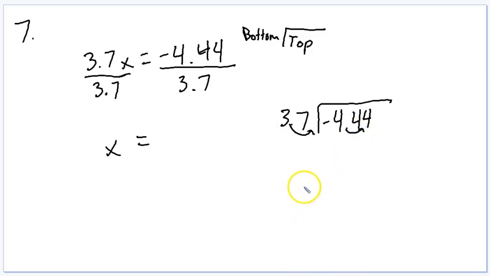I just like rewriting it all together. So I put 37, negative 44.4. Remember, the decimal goes straight up. Don't want to forget that. Our answer is going to be negative because there's only one negative. 37 goes into 44 one time.